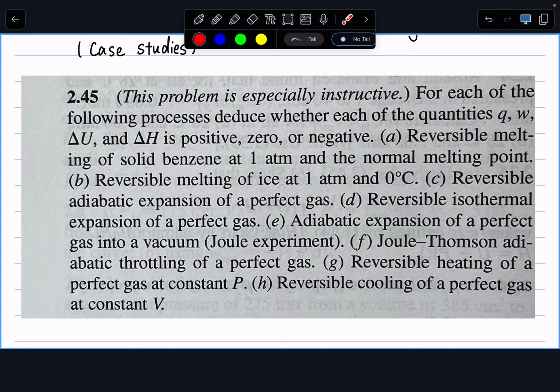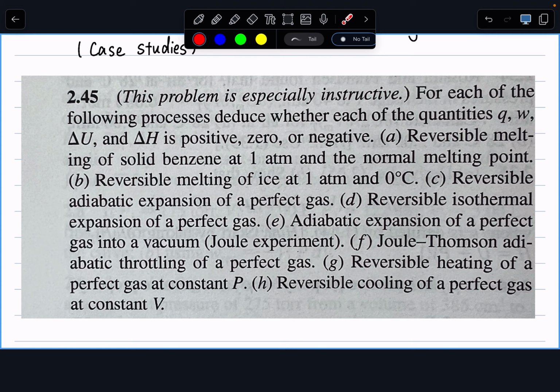Solid density is larger than the density of the liquid, so V final minus V initial is a positive number, and hence we have this overall to be a negative work. But this is going to be very small, since we're melting solid benzene. So the change of volume of that process of melting is going to be a very small value. This is going to be a small negative number.